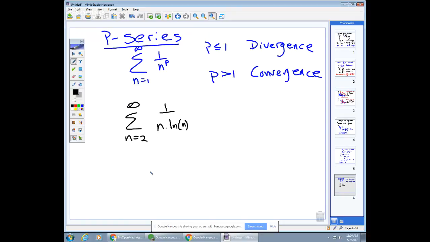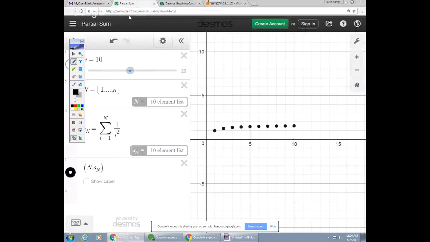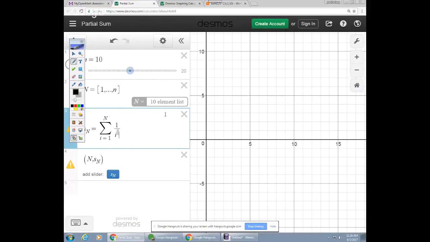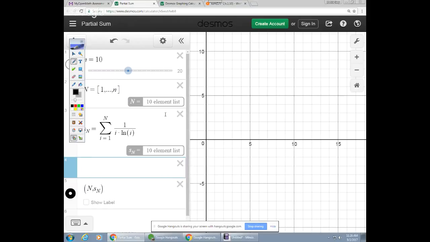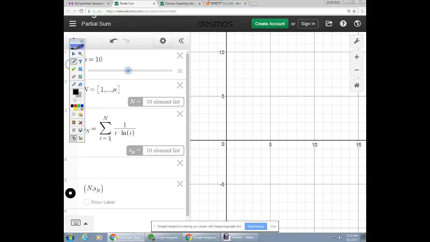Let's take a look. So usually what I do is I just play around listing a few terms. So I'm going to go to my GeoGebra partial sum calculator. And let's see, I have 1 over I times the natural log of I. And, oh, it's not even on my screen. Oh, I started at 1. That's a problem. What's the natural log of 1? It's 0. 1 over 0 is trouble.